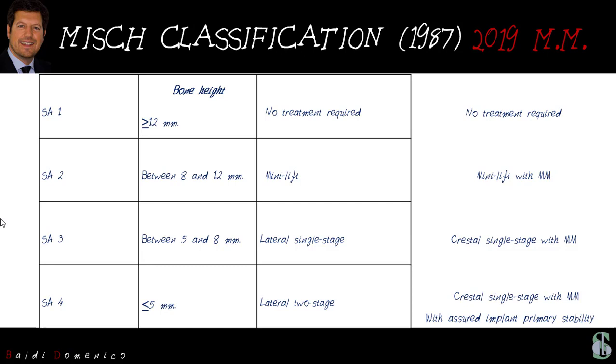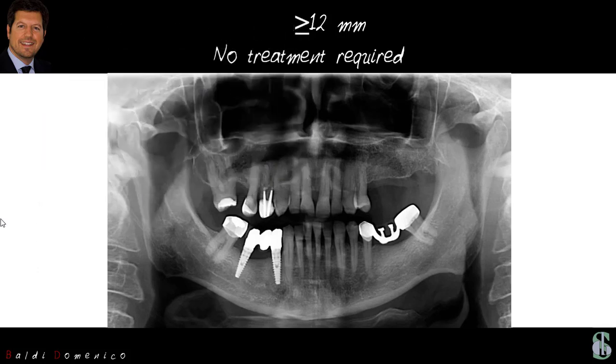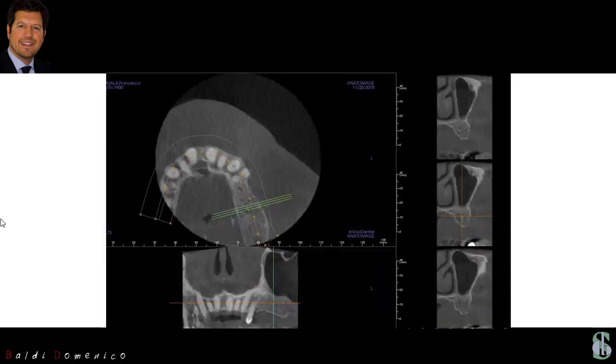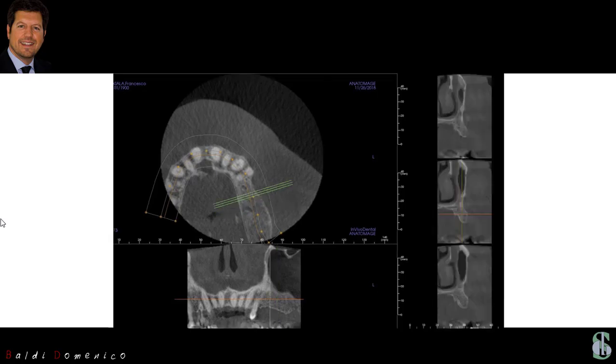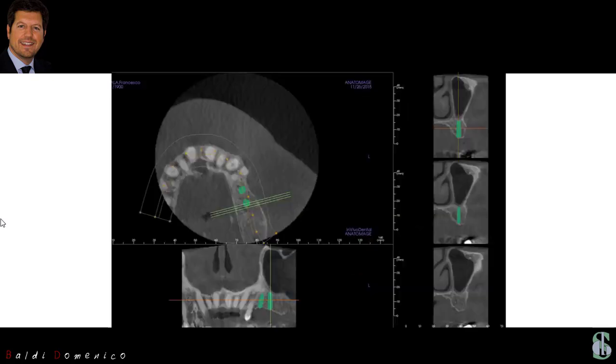And if we analyze all of this, we can see some clinical cases like this, where theoretically we can prepare our implant site with the burr. But if we analyze the CT, we can see that the quality of the bone is not so good. Of course, we are working with the upper jaw. So if we also make this three-dimensional virtual reproduction of the maxilla, we can understand that we can plan our implant position in a good way.